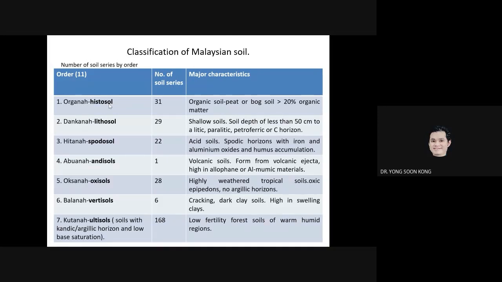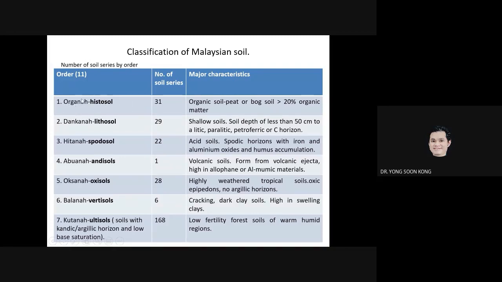And what does UKM champion? National identity. Therefore, Bahasa Melayu is their first agenda. Because of that, for every single English name, if they can, they derive a Malay name. Therefore, Organa is the Malay name for this soil order.